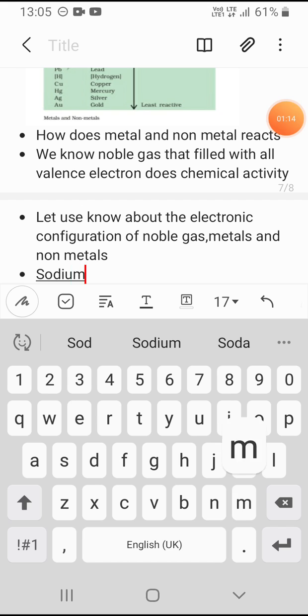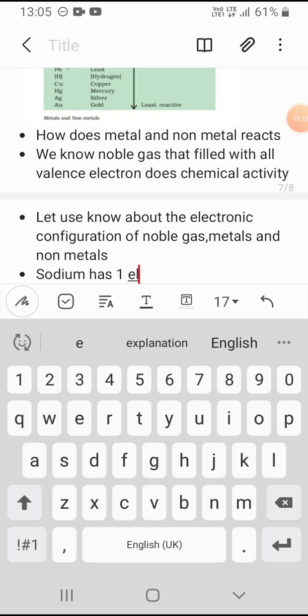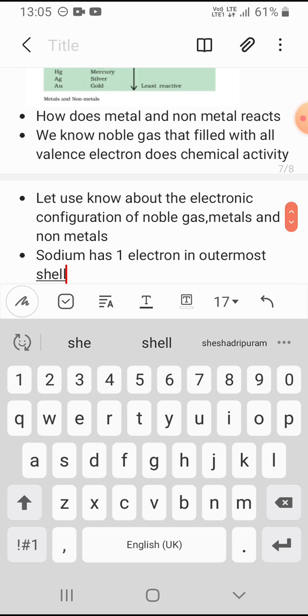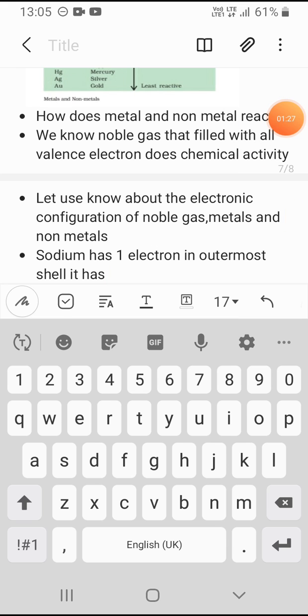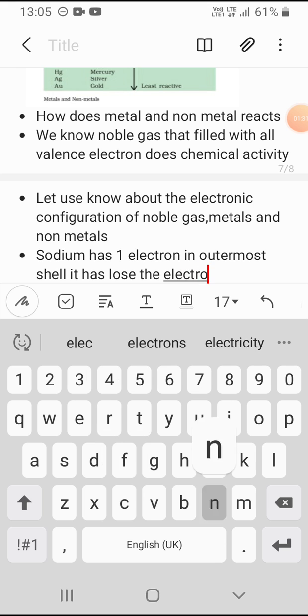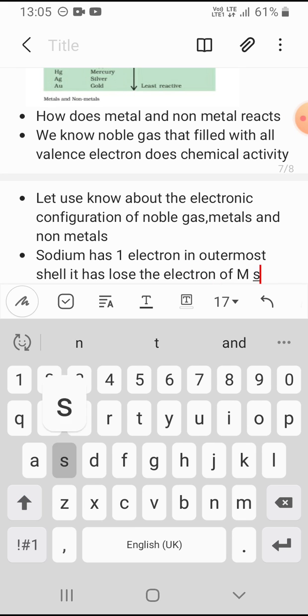Sodium has one electron in its outermost shell, the M shell. It loses the electron of the M shell.